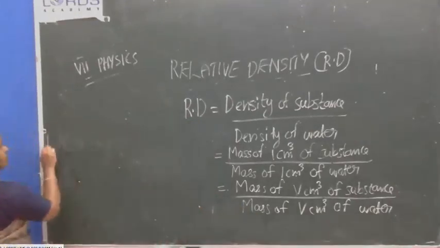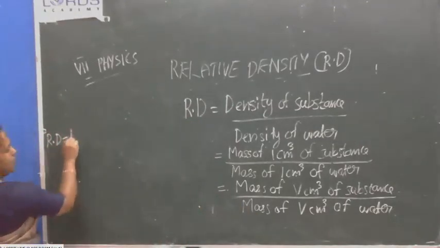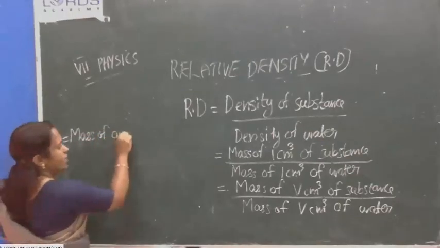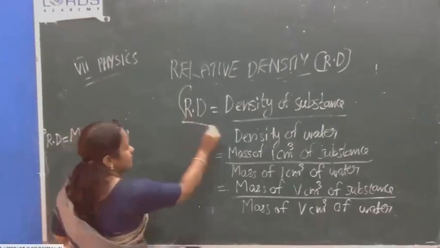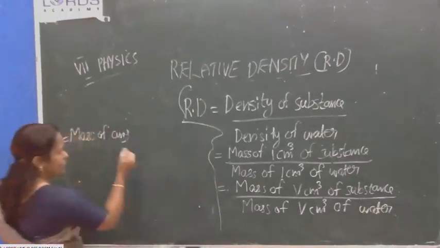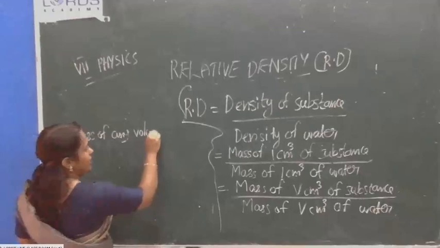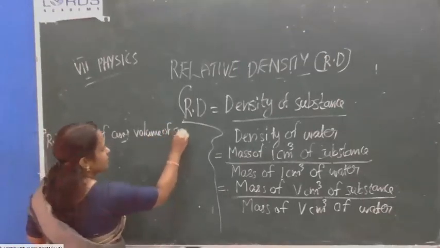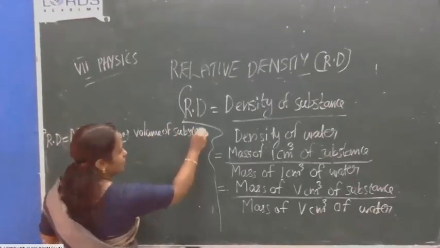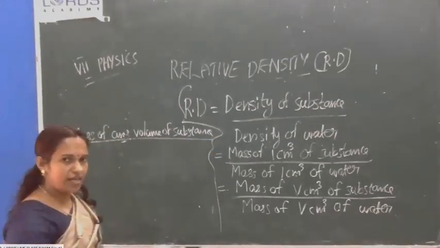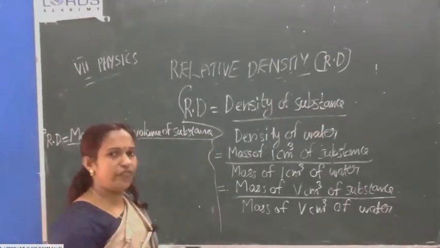So this V is general, so next step I am writing mass of any volume. Any volume means it will have different values. Mass of any volume of substance. I can take any volume of substance. It will be 100 or 120 or 125, any.